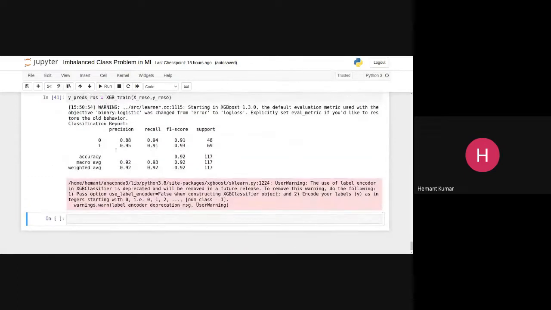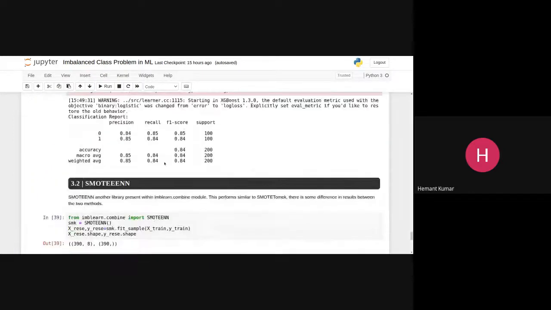In that case precision is higher than the above algorithm, but with lesser support. For class 1 the precision is 0.95, recall is 0.91 and F1 score is 0.93, and in the previous one precision was 0.85, recall was 0.84 and F1 was 0.84.